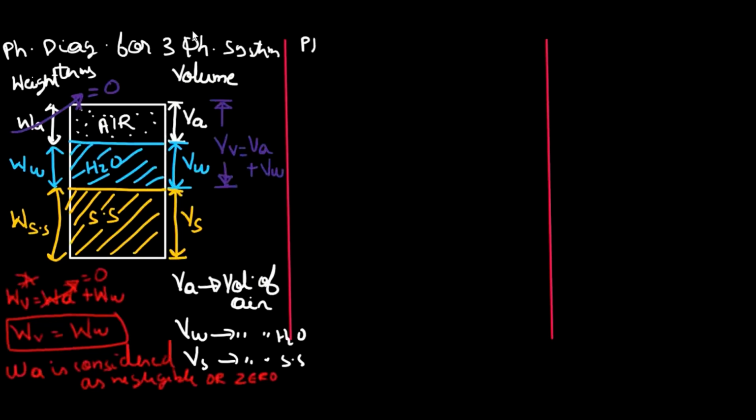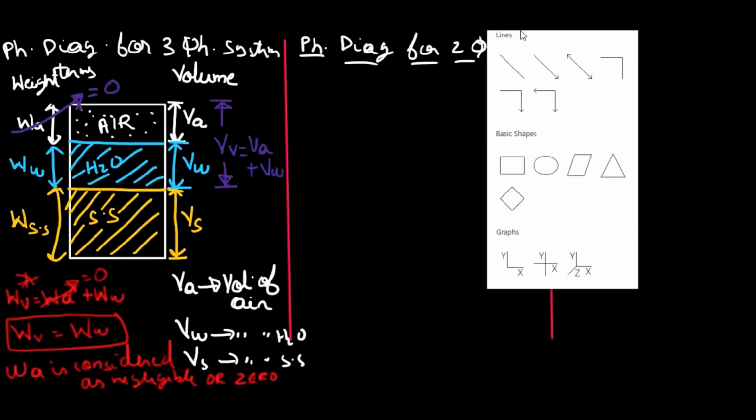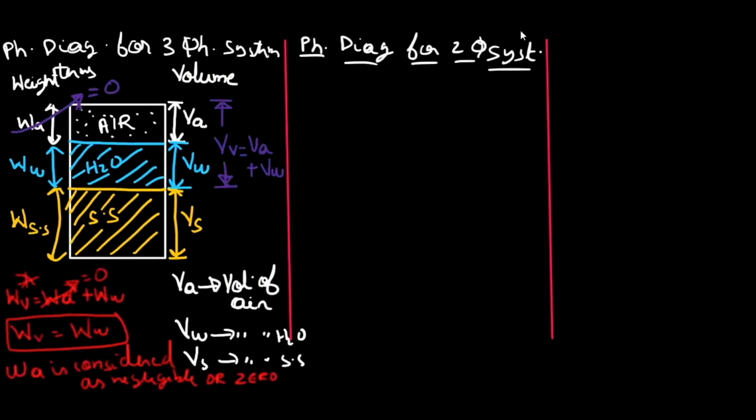Now the phase diagram for the two-phase system. In this case we will be having our phase diagram something like this.